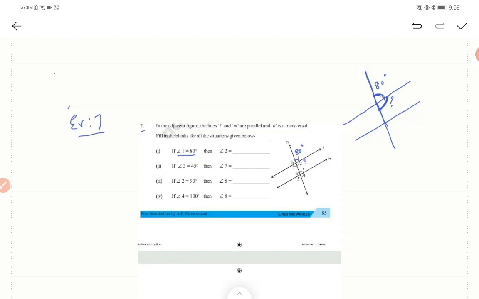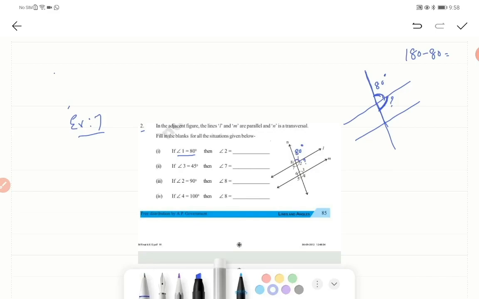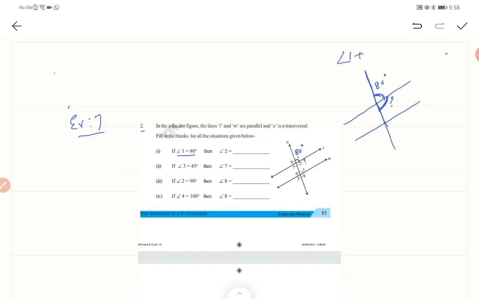If they are supplementary, angle 1 plus angle 2 will be equal to 180 degrees. We know angle 1, so angle 2 will be equal to 180 minus 80, which is 100 degrees. So our angle 2 is 100 degrees.